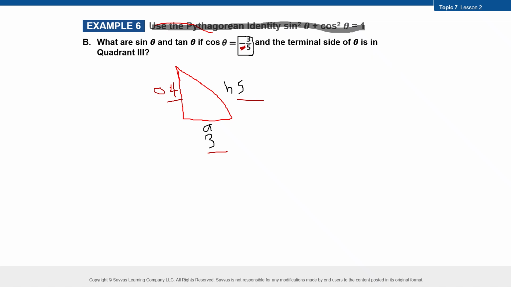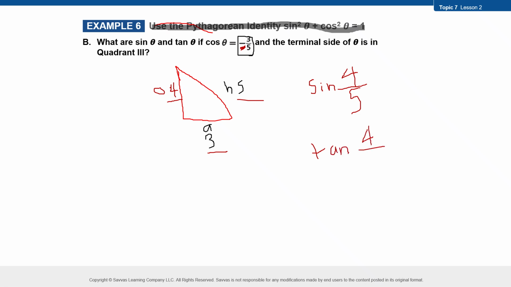So with that being said, now I should be able to find sine. Sine is 4/5, and tangent is going to be 4/3.